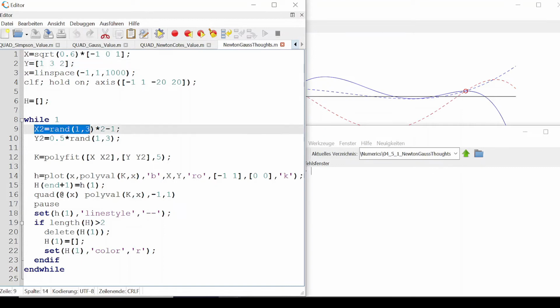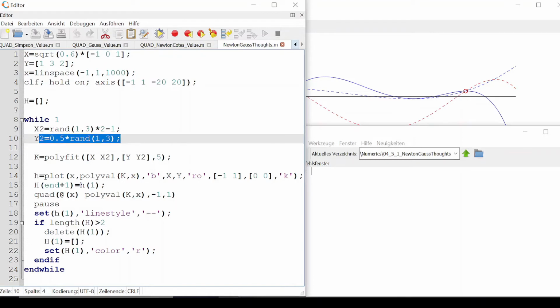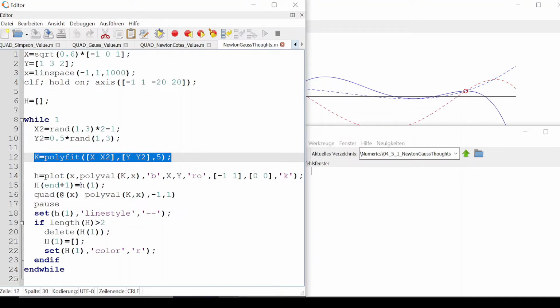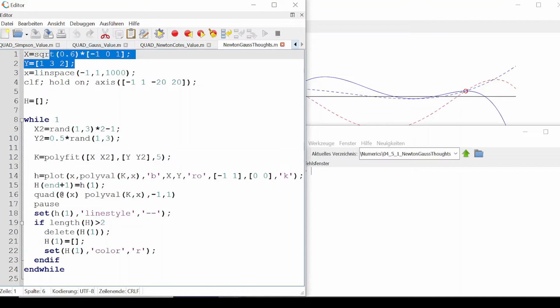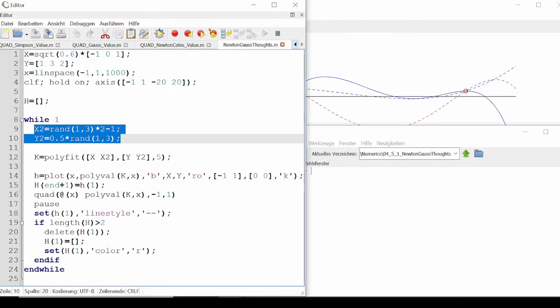So what did I do? I am choosing 3 random positions on the x-axis, and then I am choosing some random y values. Then I find the polynomial interpolating all these 6 values. That means it includes these 3 positions here, the given positions, and the 3 arbitrary points on top.